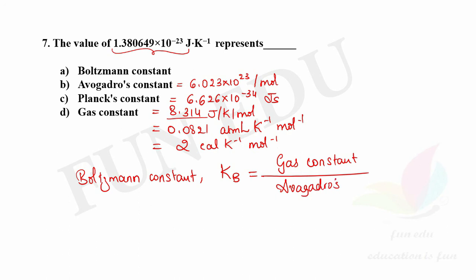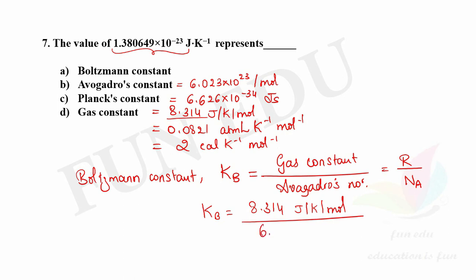So that is equal to R divided by Na. So substitute the value of gas constant 8.314 joule per Kelvin per mole divided by Avogadro number 6.023 into 10 to the power 23 per mole.